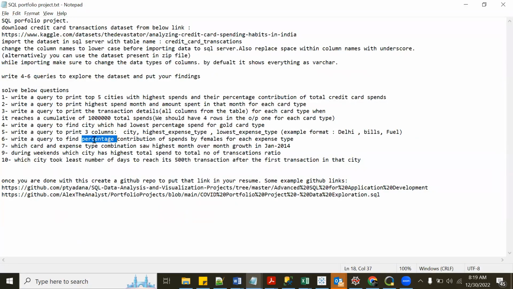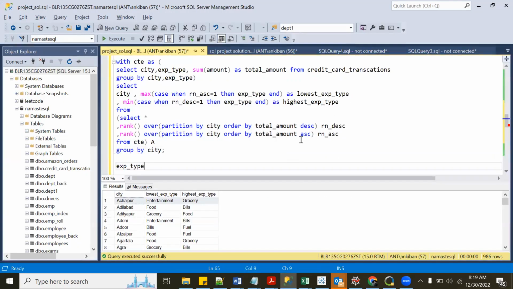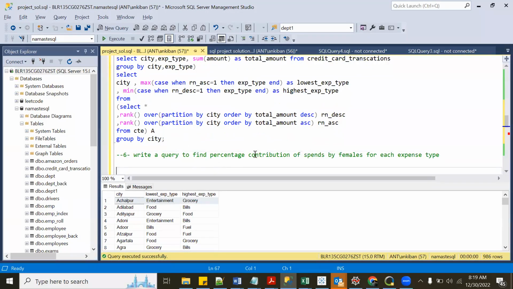Write a query to find percentage contribution of spends by female for each expense type. This should be straightforward, right? Let me copy this. So we have to write a query to find percentage contribution of spends by female for each expense type, right?